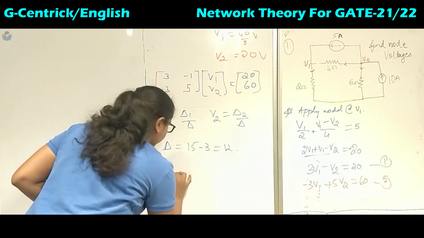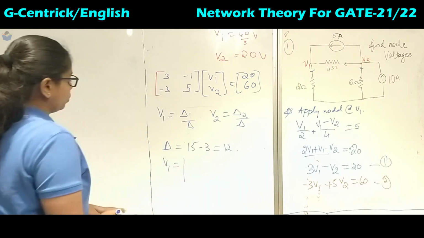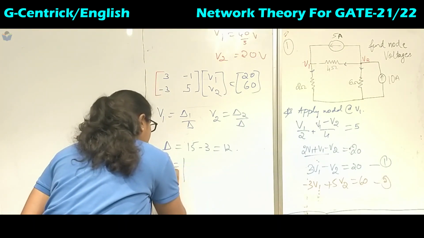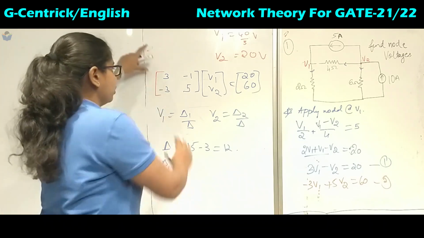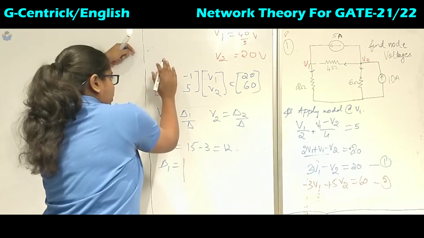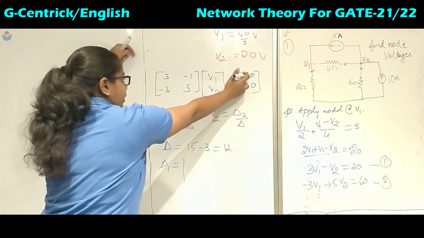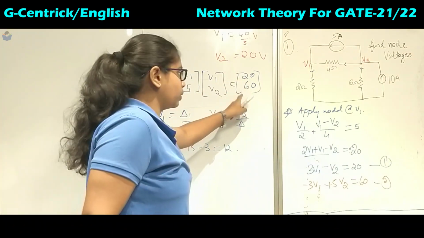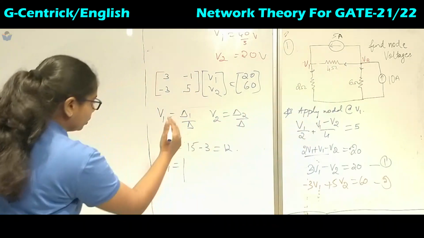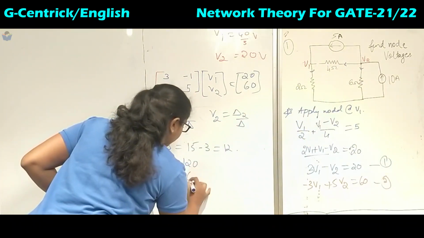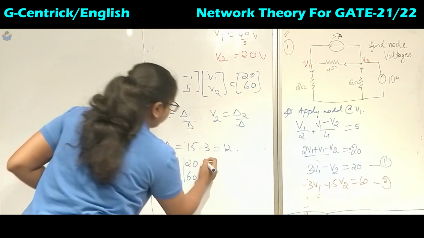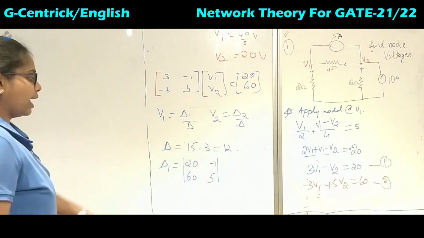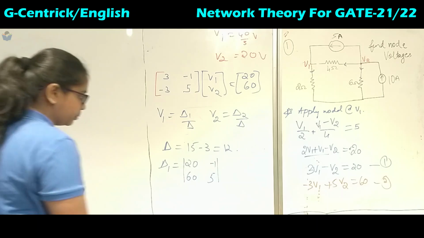To find V1, we first find del 1. For the first column, just leave it and replace it with 20 and 60, which is from the right hand side. Write this as 20 and 60 and keep the second column as it is, -1 and 5. For this find the determinant.